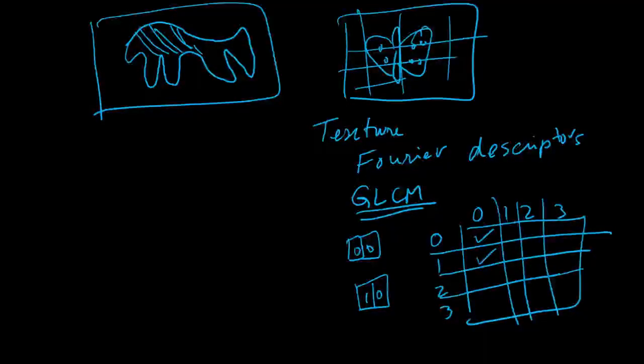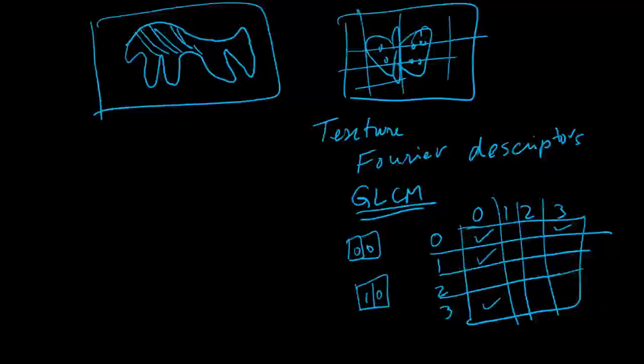And if you have, for example, a zebra where white and black are appearing together, white is going to be 3 in this case, and black is going to be 0. You will see that you will have a lot of these two values that will pop up. So that will capture a very stark contrast type of a texture.